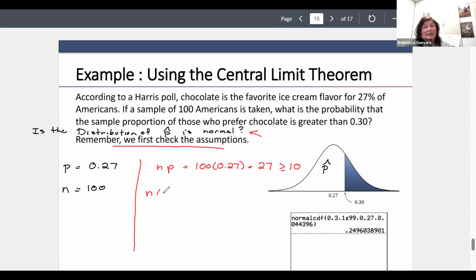I have to find n times 1 minus p, which is going to be 100 because that's my n, and 1 minus p is going to leave me with 0.63. So that's going to give me 63, which is also greater than 10. So that tells me that p hat is normally distributed.